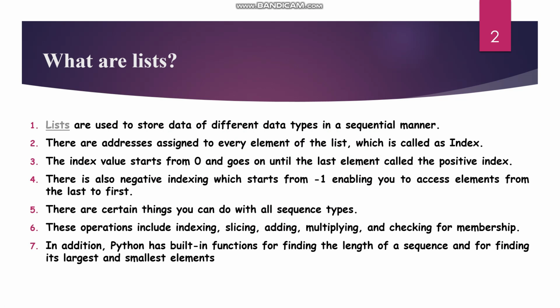And there is also a negative index, meaning we have minus 1, minus 2, minus 3, but it will not start from 0. Index value is used to access the elements from last to first, and this operation includes indexing, slicing, adding, multiplying, checking for membership, etc.